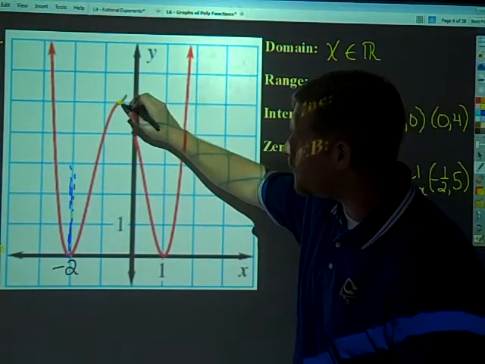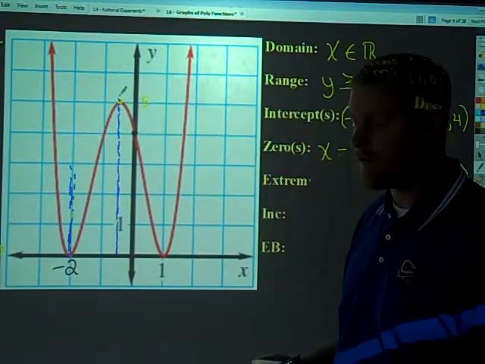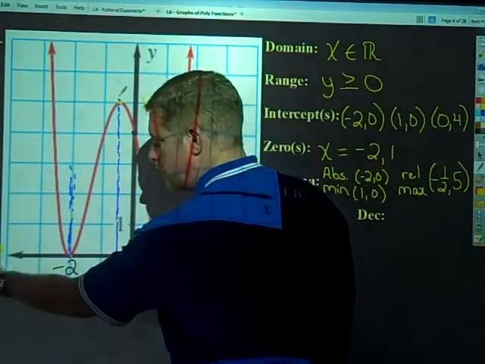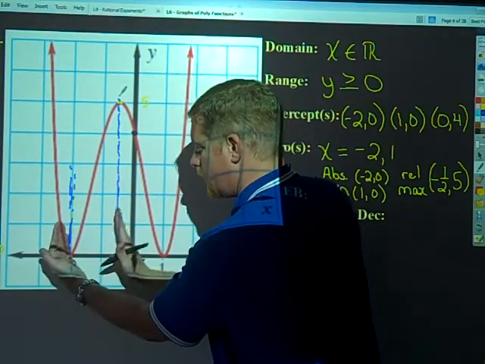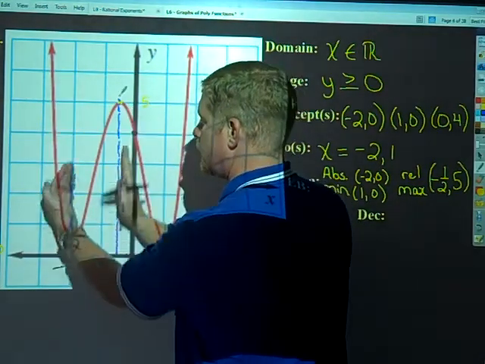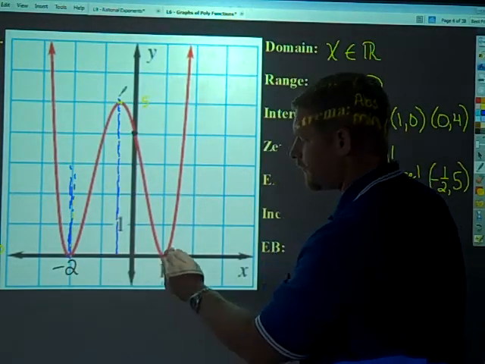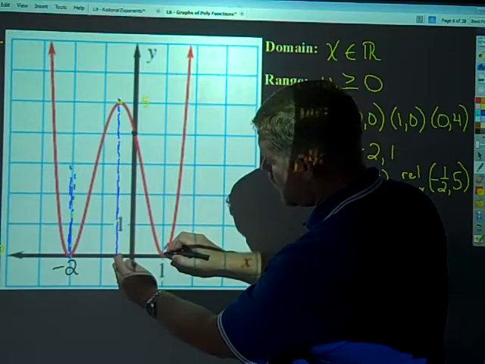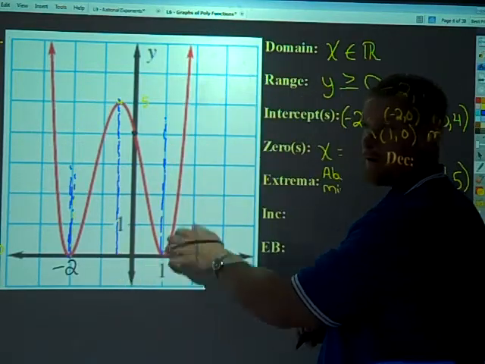The next place that I change is there. So I have an interval from negative infinity all the way here. My next interval starts there and goes here, and as you can see, my function is increasing at this point. It stops increasing and starts decreasing from here all the way to this point, and then from there it increases again.